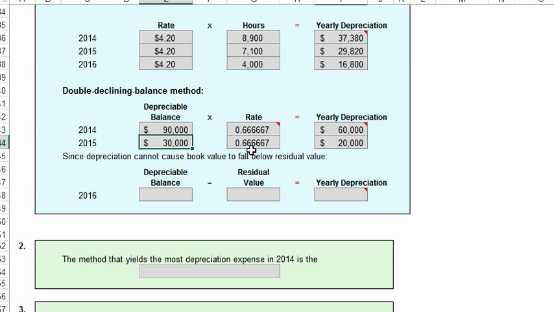If you multiply by the rate as a fraction, you'd say 30,000 times the top half of the fraction, or 30,000 times 2, gives you 60,000. Divided by 3, the bottom half of the fraction, gets you the 20,000. Now we're in the final year. Final year things are a little bit different.